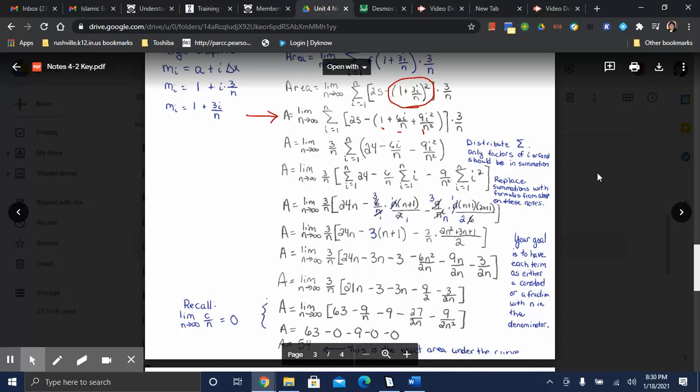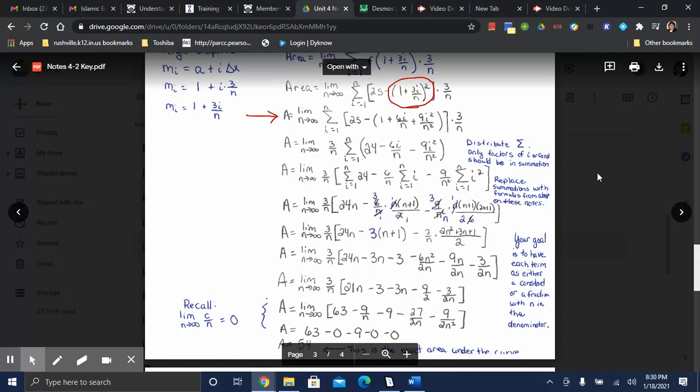Now, I realize that you have to write down the rest of this. So you're doing the area by doing the limit as n approaches infinity of the summation from i equals 1 to n of 25 minus, and then our multiplication in parentheses, and then times the 3 over n.